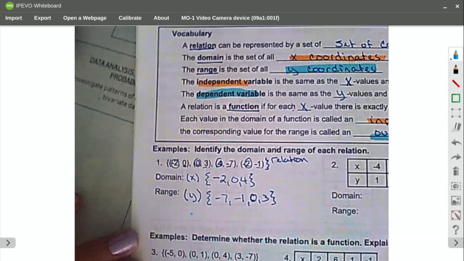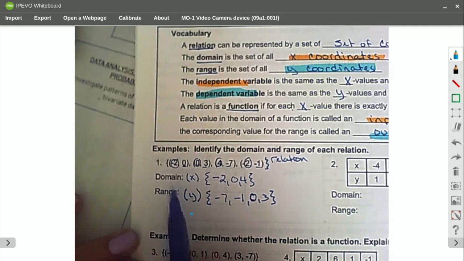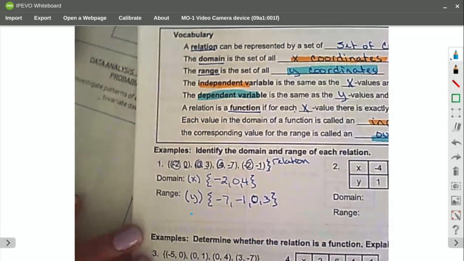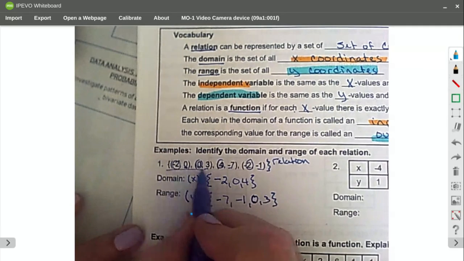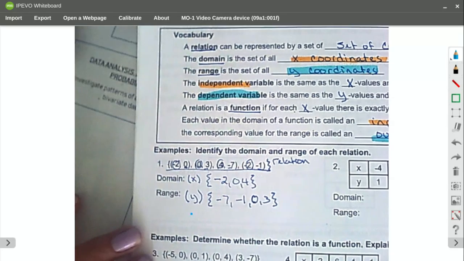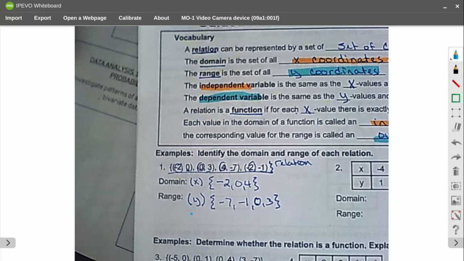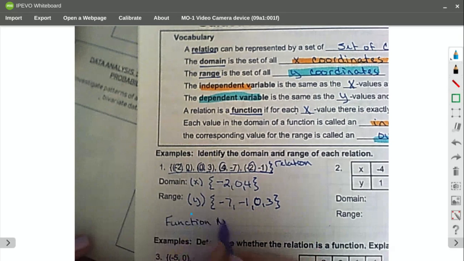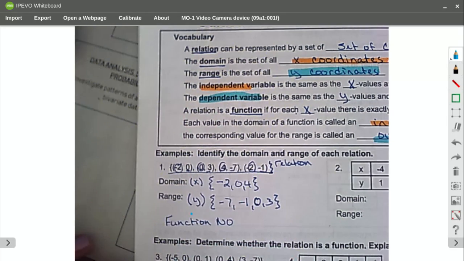And that's my set. That's my range. X coordinates, y coordinates. Now let me ask you, does this relation here qualify as being called a function? No, this relation is not a function.